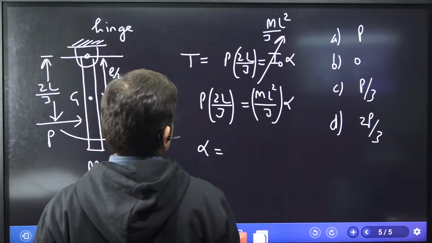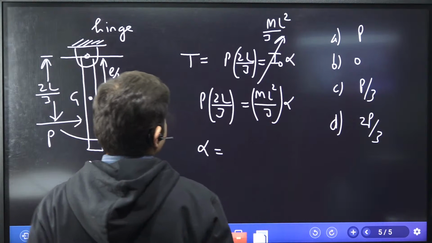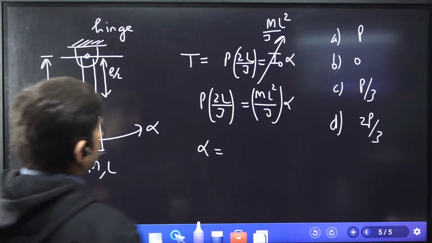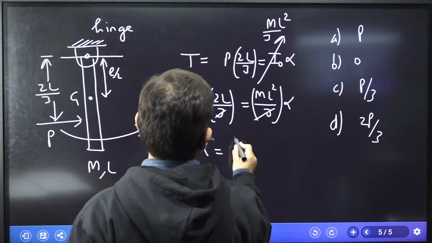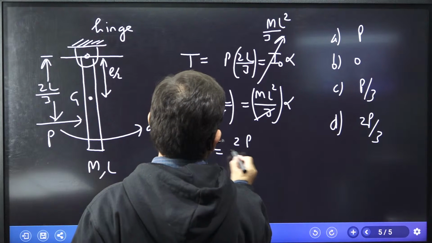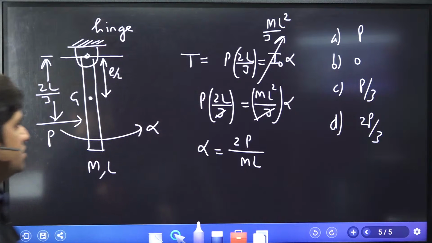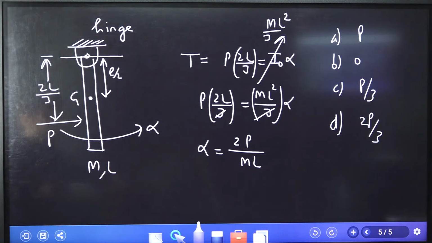Okay, certain things get cancelled out. Now mass is given as m, so this 3 gets cancelled out. 2P over ml is the value of alpha, that is the angular acceleration.